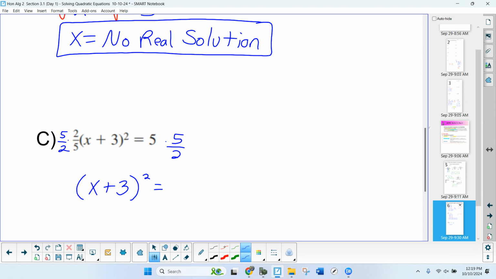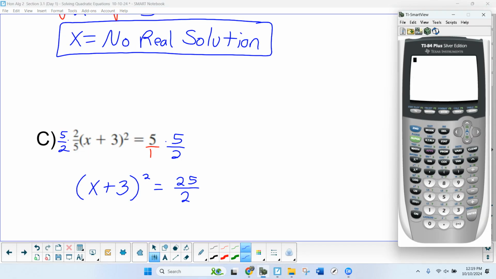5 times 5/2. Well, this is like over 1, so what would that be? 25 over 2. If you are calculator dependent, you do 5 times, and then in parentheses, 5/2.